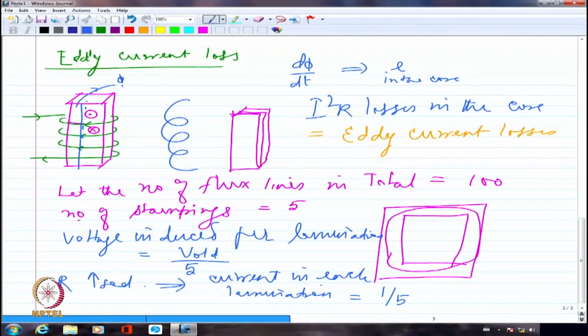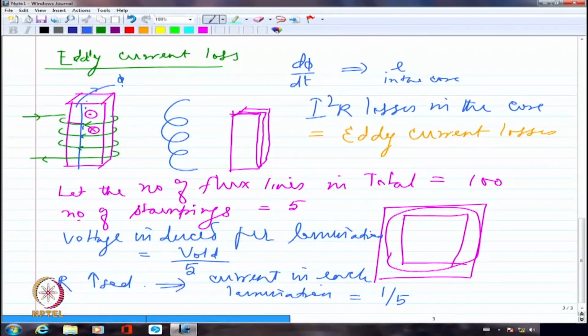So I am going to have definitely the overall current decreased. If the overall current has decreased to at least 1/5 or even more, I am definitely going to have I square R losses also decrease without interrupting the flow of flux lines. The flux lines are still flowing through every lamination without any problem. Are you getting this point?